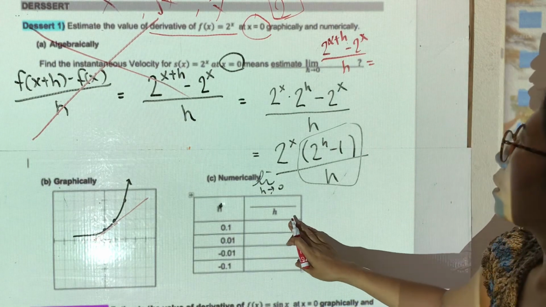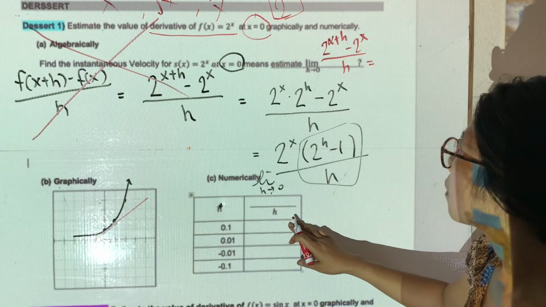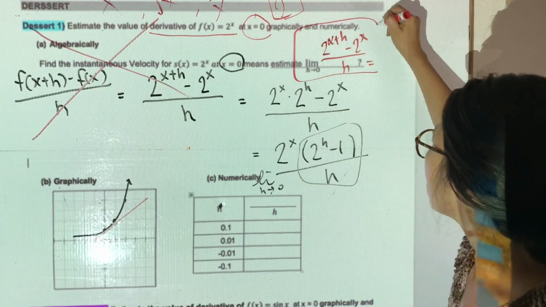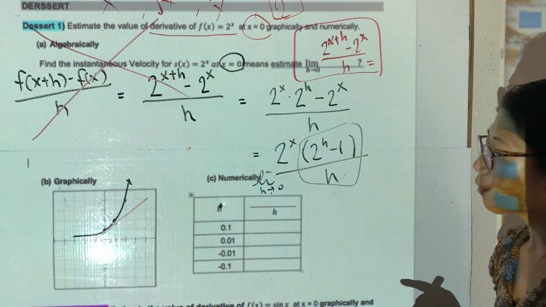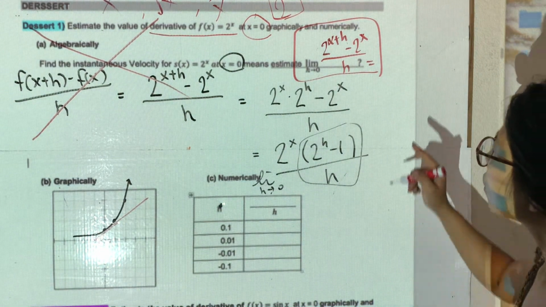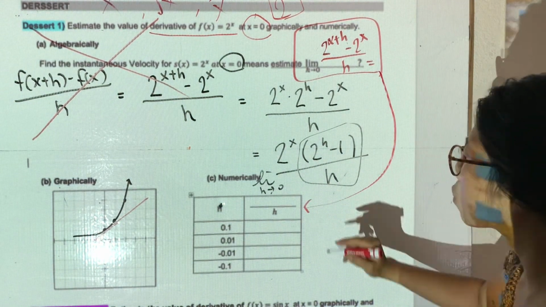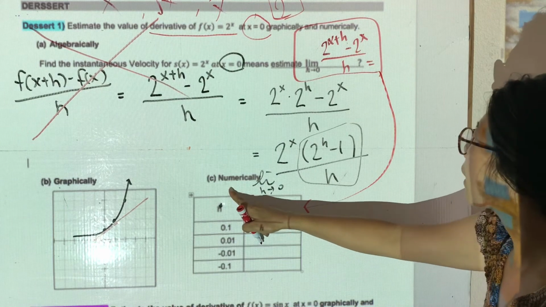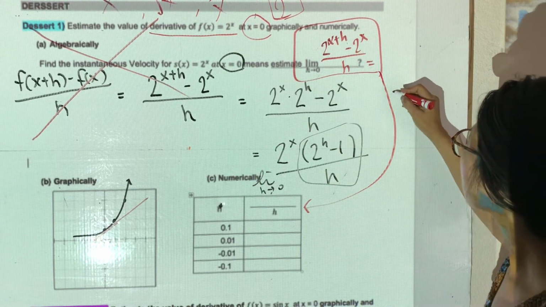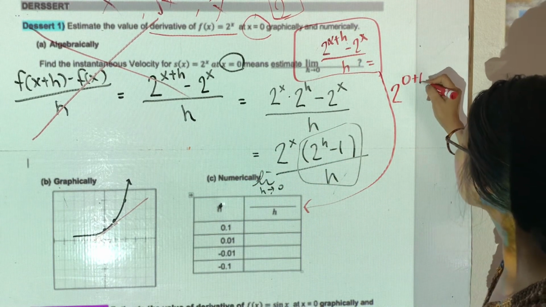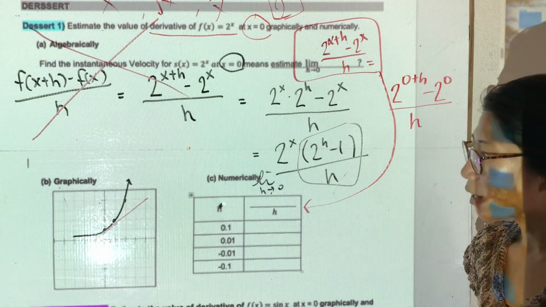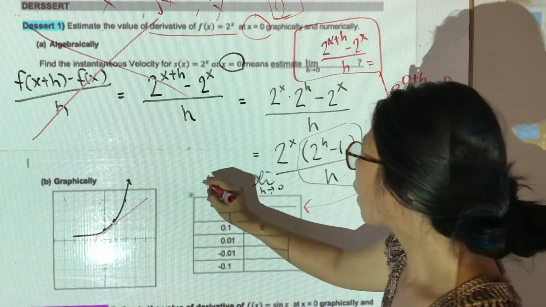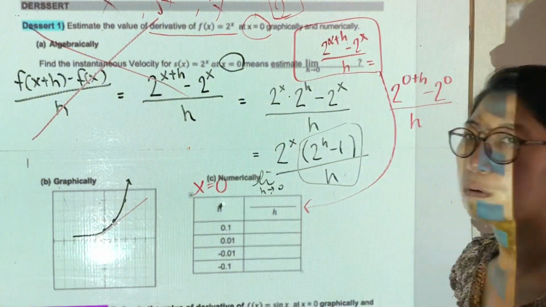Where should we plug in? Don't forget, what is the x value this time? I want to find it when x is 0. So the function I'm going to numerically estimate is 2 to the 0 plus h minus 2 to the 0 over h. Why? Because I'm looking around x equal to 0.